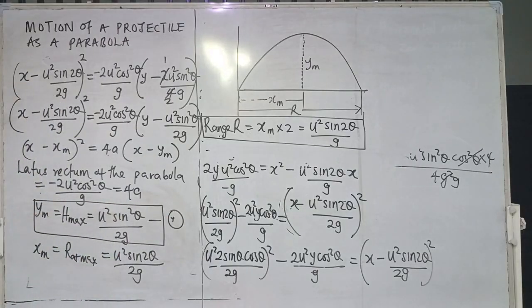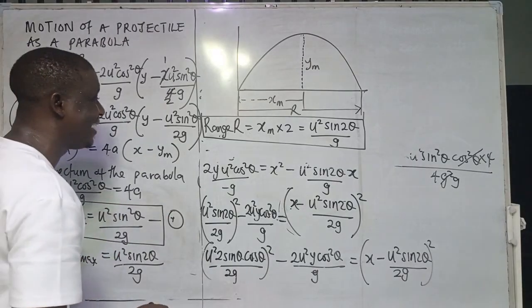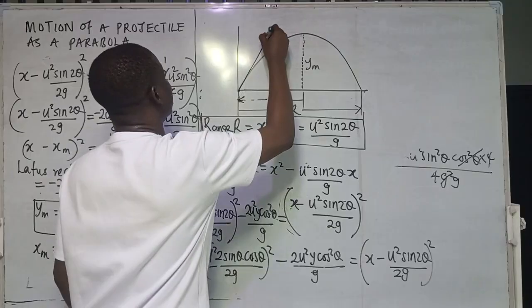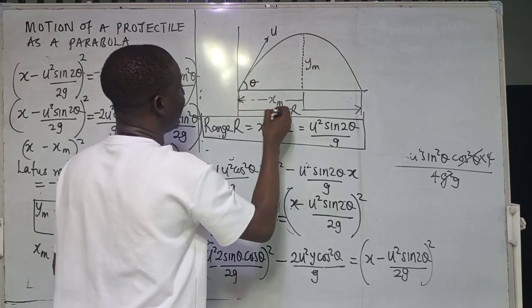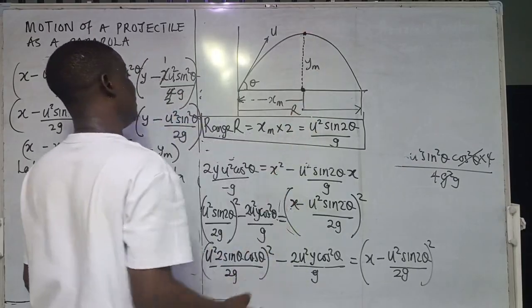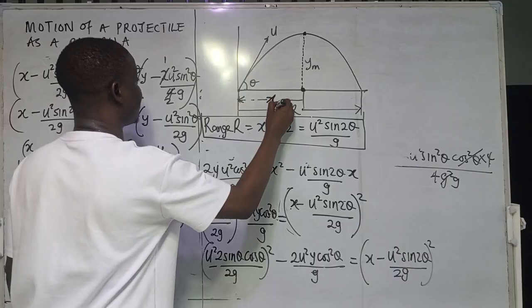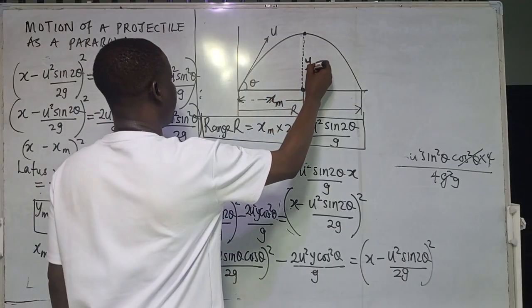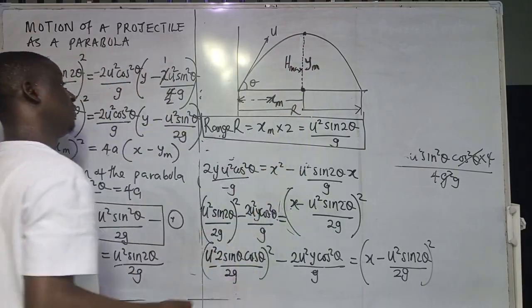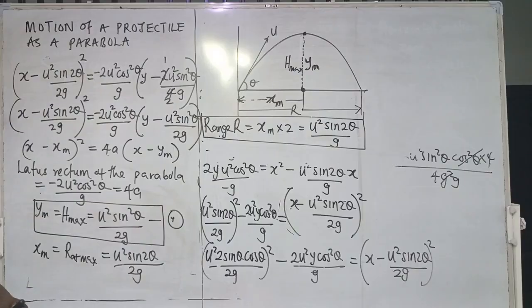That is maximum height. This is your range at maximum height. That means from here, from the point of projection at an angle theta to this point of maximum height, is what we call x max. This is y max, which is called the H maximum from here to here. So you see how they link up now.